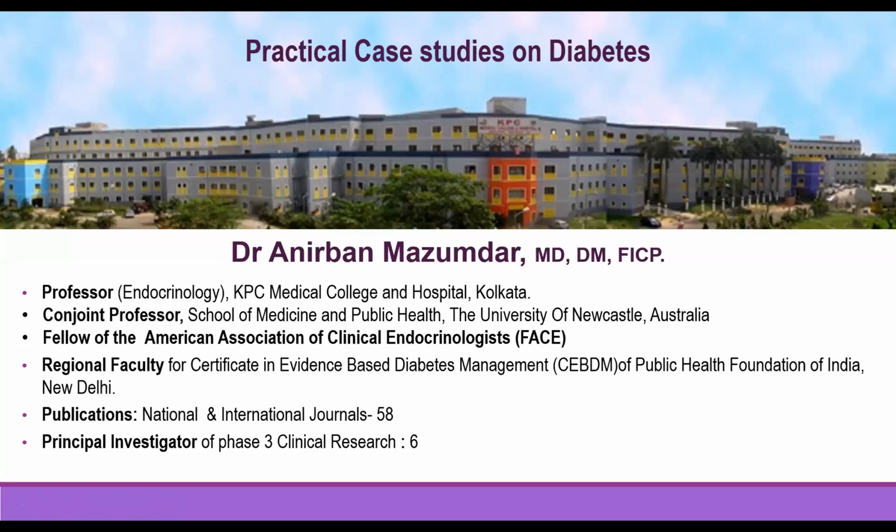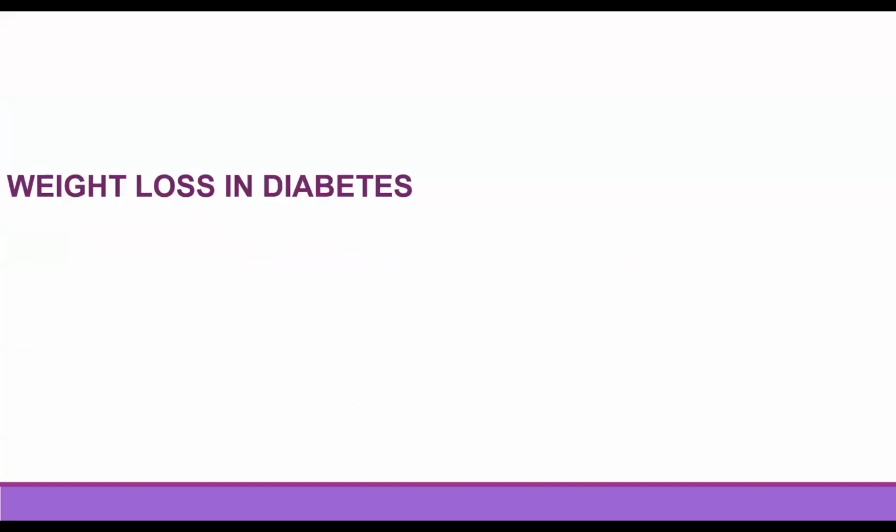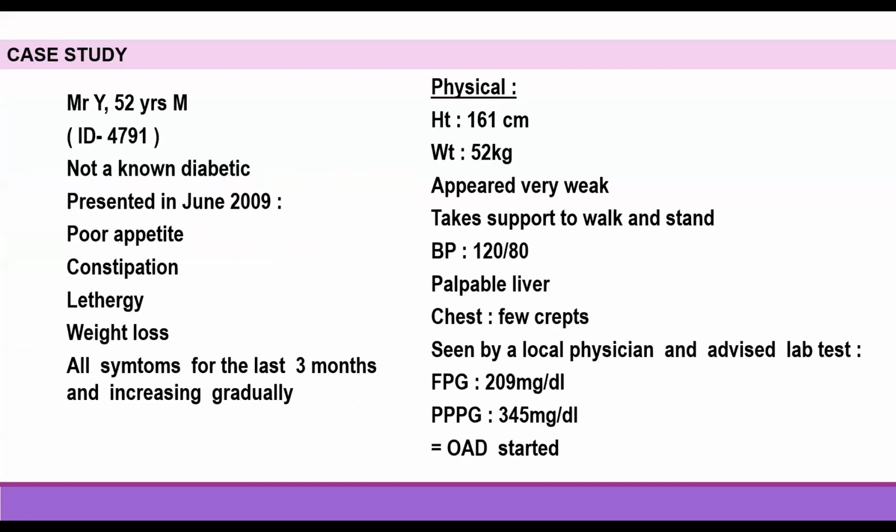Okay, so in this, I'll just give you some case studies which will give you a brief understanding of the situations where we start insulin and where it is very, very important to start insulin therapy. Now, first, I will discuss weight loss in diabetes. Let us have a look at this particular patient.